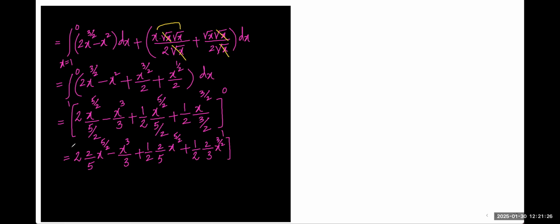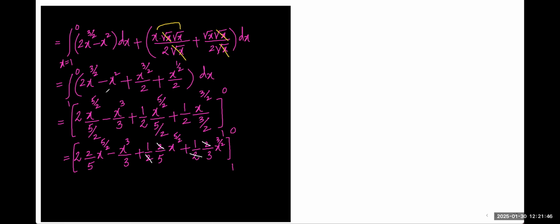Now we can apply the limits 1 to 0. But upper limit we are not getting anything. Of course, these are the terms which are cancelled. This 2 cancelling with this 2, this 2 cancelling with this 2.